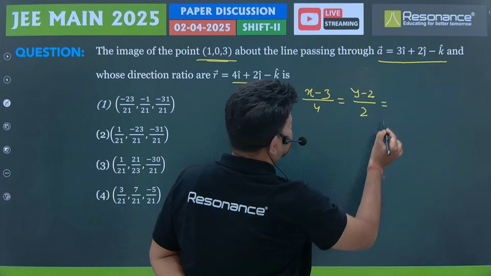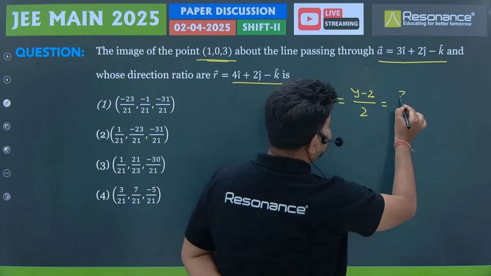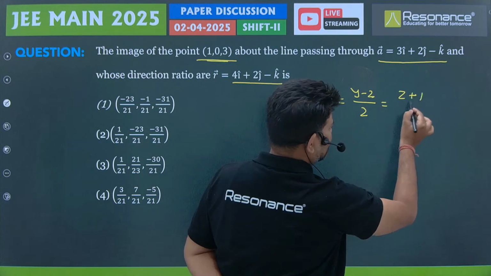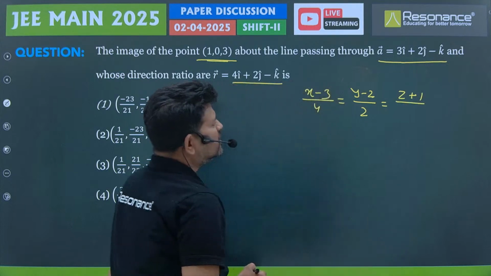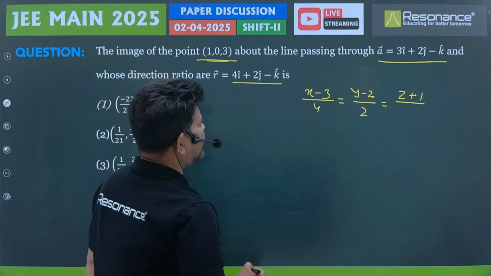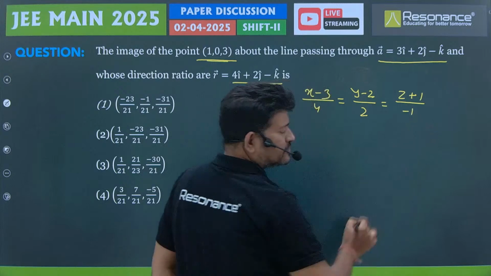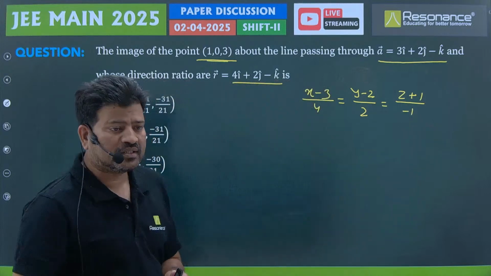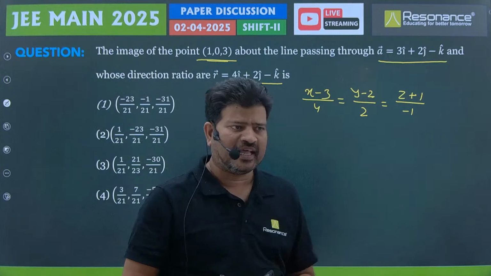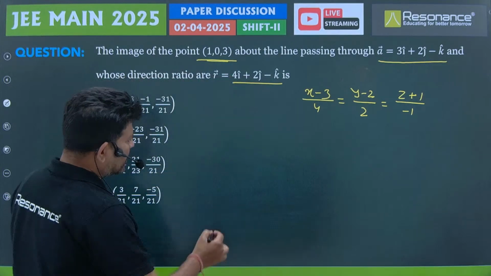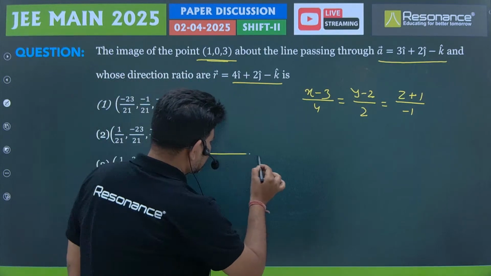So we write 2, and z minus 1 becomes z plus 1, divided by minus 1. So we get the Cartesian equation of the line.